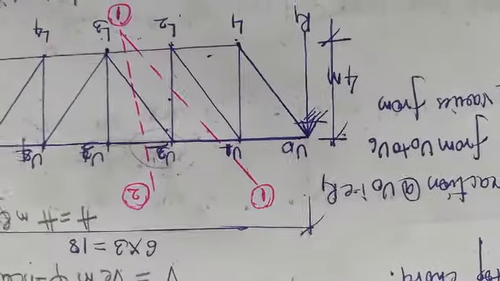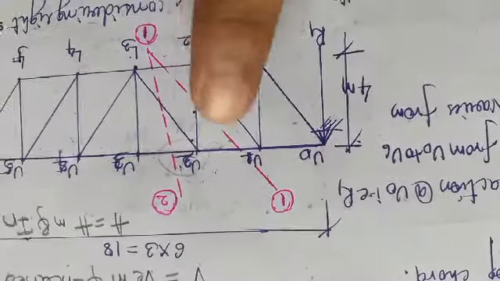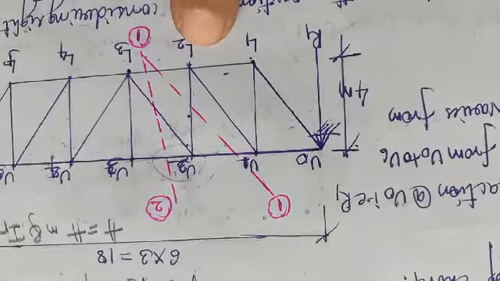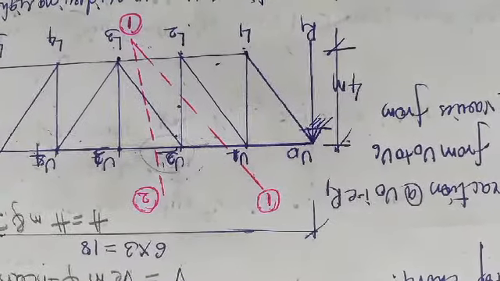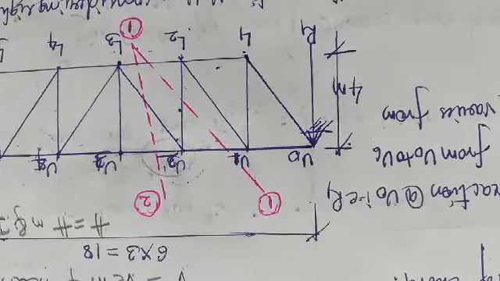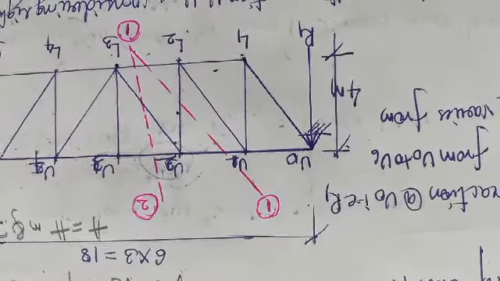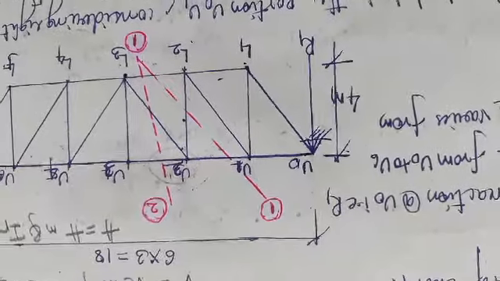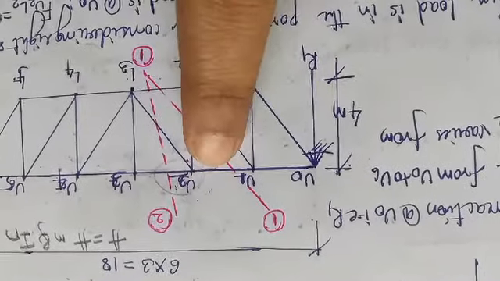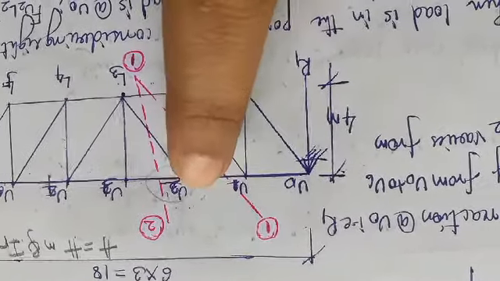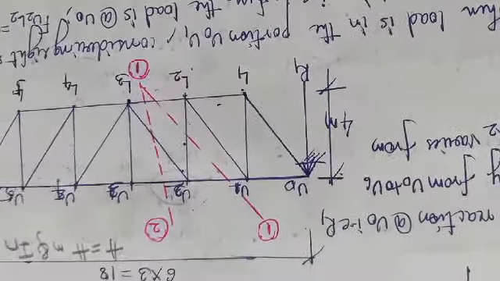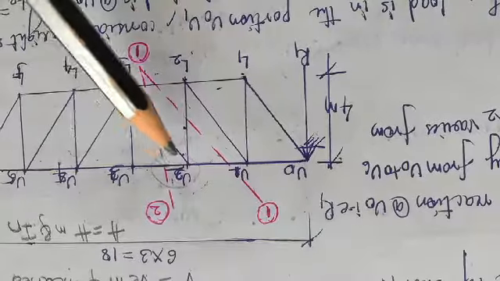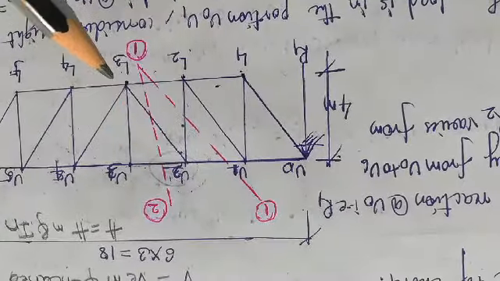Now for U2, L2, since it is a horizontal member, we are going to calculate the horizontal force. Whenever the load comes over here, the vertical force is taken by two members, that is U2, L2 and the inclined member U2, L3.